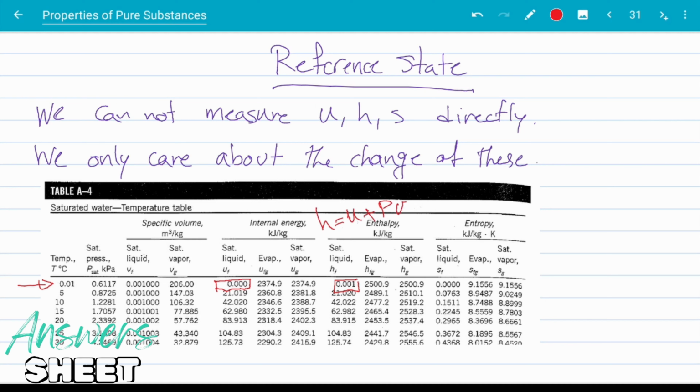Specific volume is a physical property that can be measured directly, and as such, it has a number here. Internal energy, on the other hand, we cannot really find the value directly, so we are going to assign it 0 for water in this situation. And enthalpy, because of this equation, follows to be 0.001. Then we build the rest of the table based on this 0 value of internal energy. So this is our reference state for water.